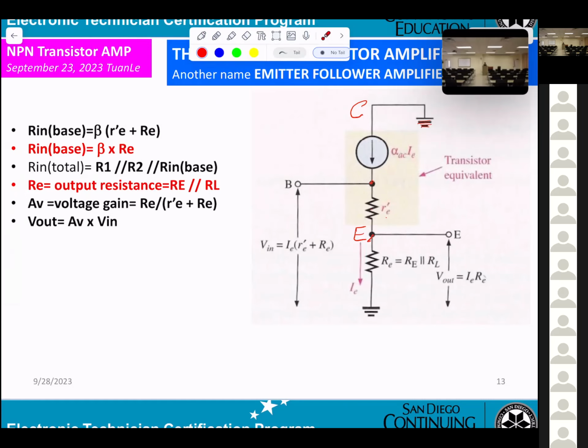That resistor, adding the resistor here, times beta. And R in base equals beta times RE.